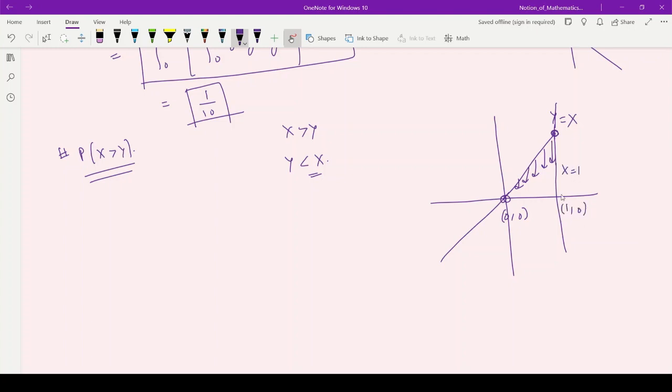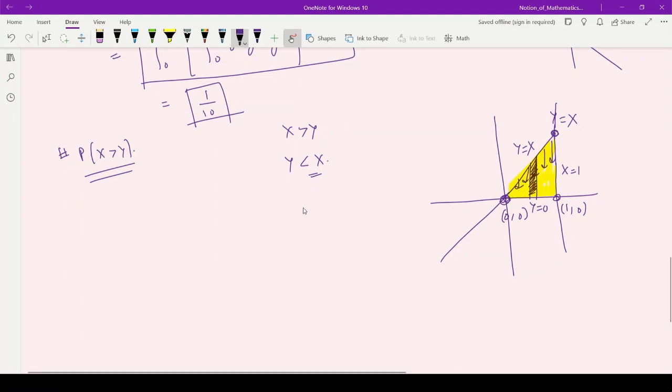So this is 1, 0. Here I will be taking a vertical strip, and in this strip y equals 0 here and y equals x here. If I take this strip from x equal to 0 to x equal to 1, this particular region will be created.